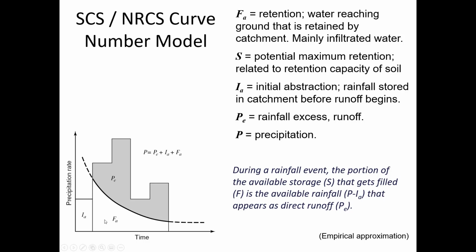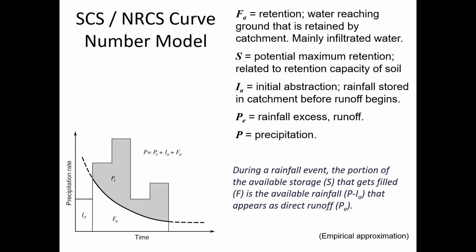So F sub A is the water that's retained. So it's water that's reaching the ground, infiltrating downward to the soil, and then what's above the infiltration is the precipitation excess. So P sub E, rainfall or precipitation excess, is what you can think of as runoff. The units sometimes can be confusing because sometimes we'll talk about runoff with units of inches, and sometimes we'll talk about runoff with units of volume per time.